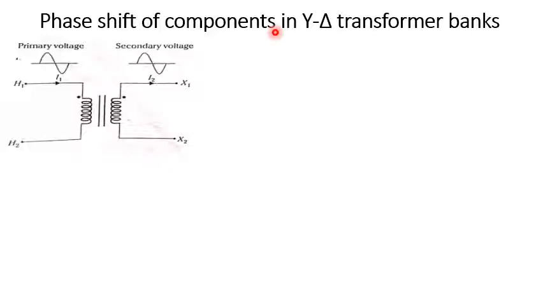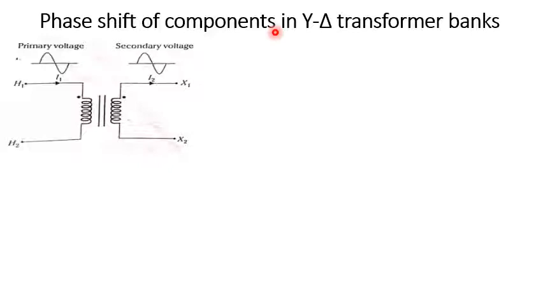Similarly, the primary and the secondary voltage may be in phase or 180 degrees out of phase with respect to the primary. Thus the polarity of the winding determines the phase shift. With this background we are going to understand the phase shift in the cases of star to delta, delta to delta, star to star, and delta to star, the different ways of connections.